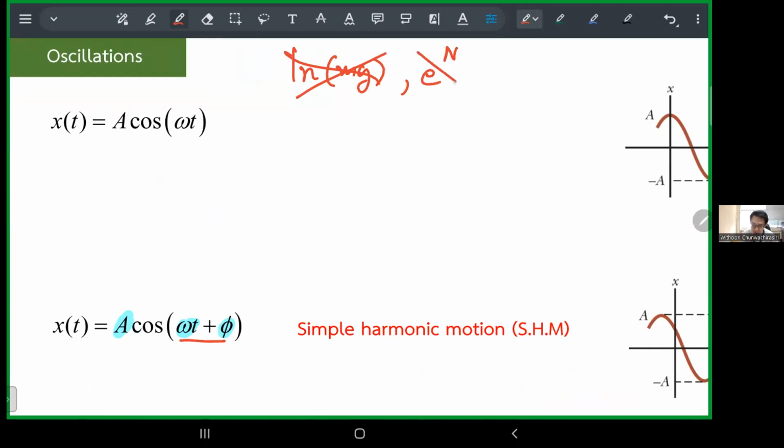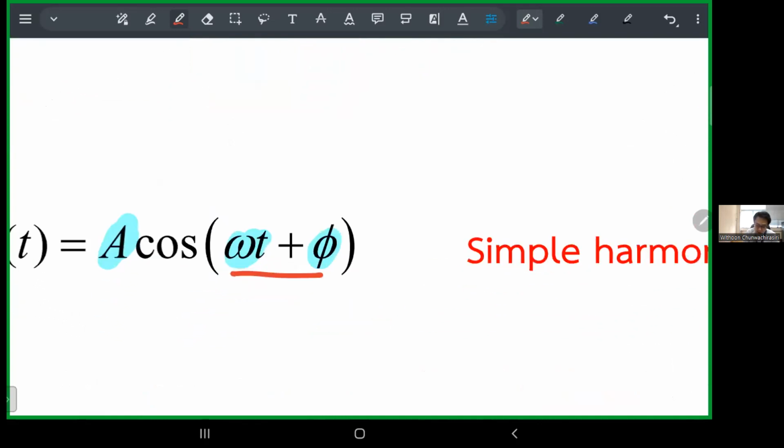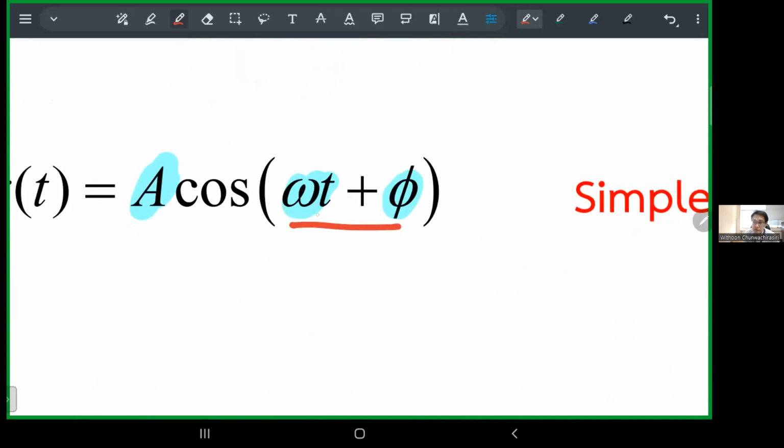Anything that follows log, exponential, or a trigonometric function must have no units, because we're never going to have a log of Newton or an exponential of joule. So whatever goes in here must have no units.